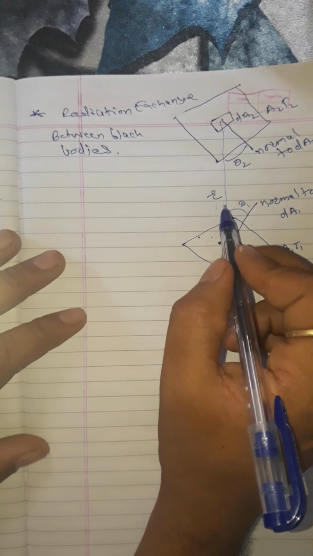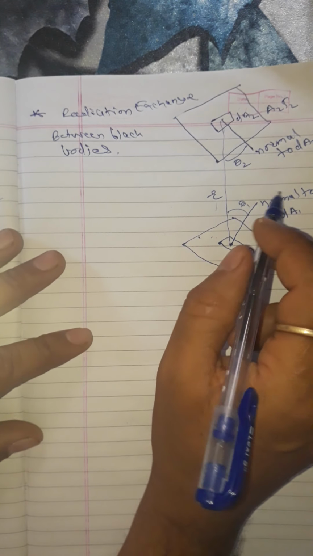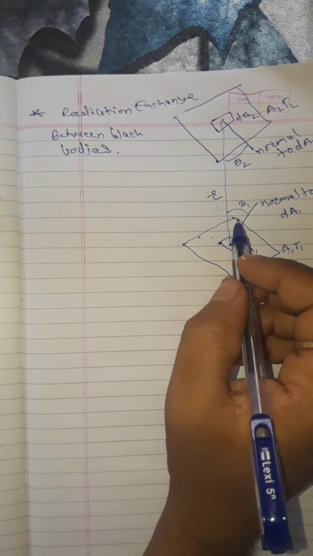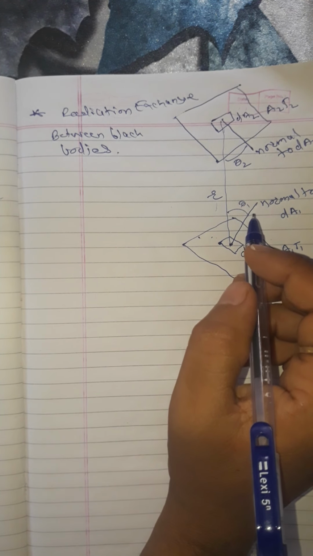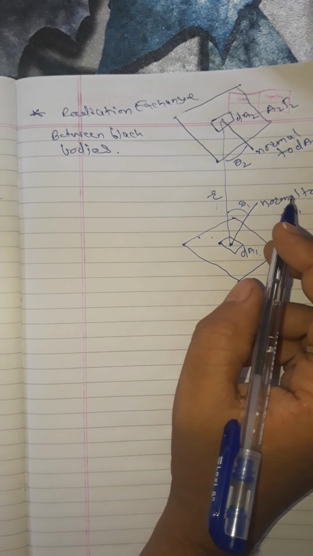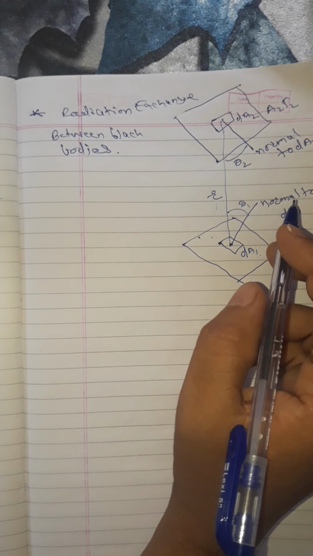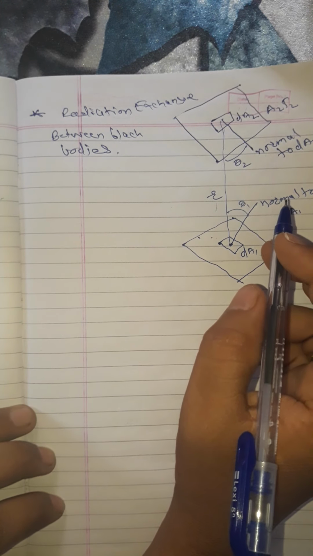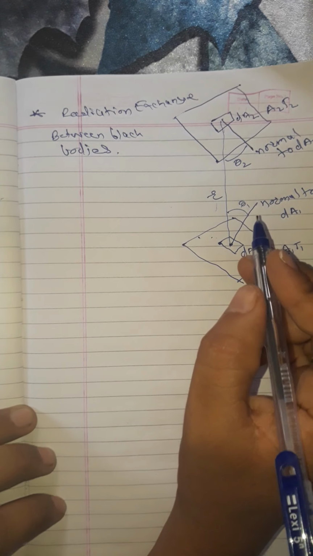So each elementary area subtends a solid angle. We have the definition of solid angle: let d omega 1 be subtended by dA2 at dA1, and d omega 2 subtended by dA1 at dA2.